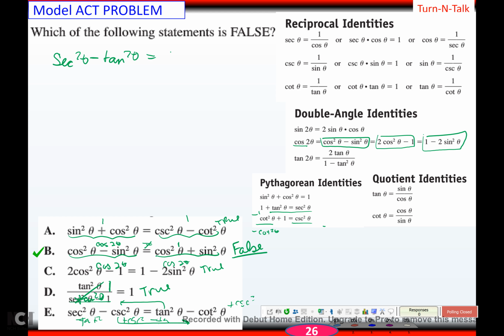So that would give me cosecant squared theta minus cotangent squared theta. Now I can work. If I subtract tan squared, this side is equal to 1. And for these two, cosecant minus cotan, I get 1. And 1 is equal to 1. So that is also true. These ones weren't too bad. Didn't take a whole lot.